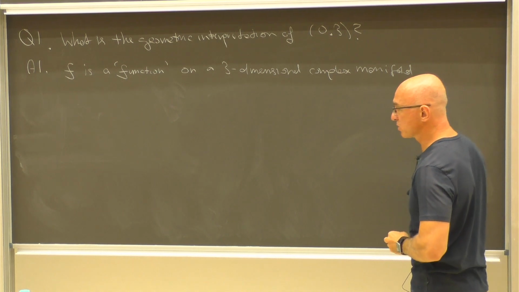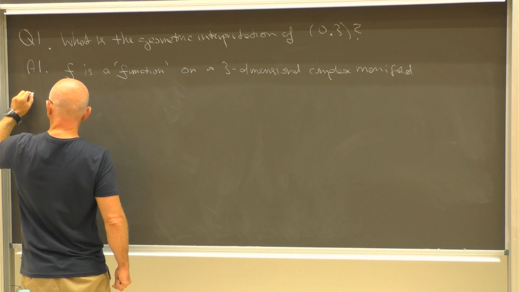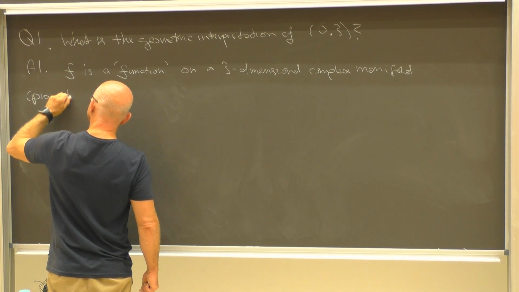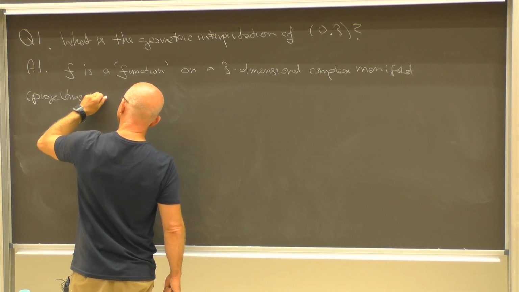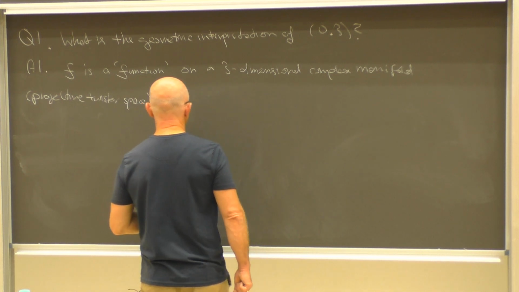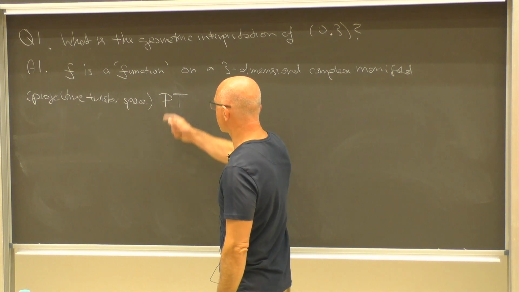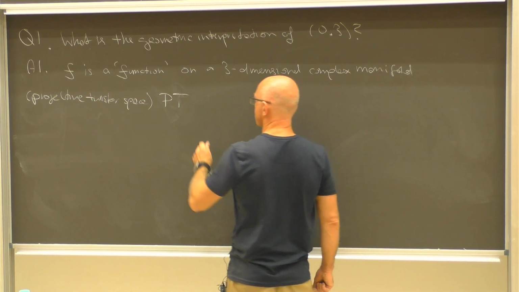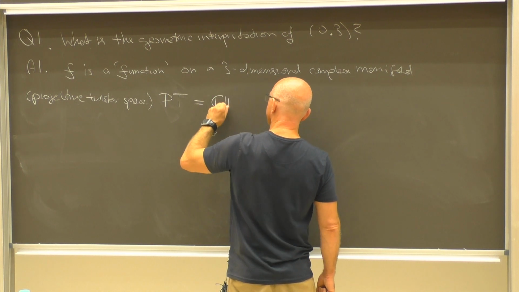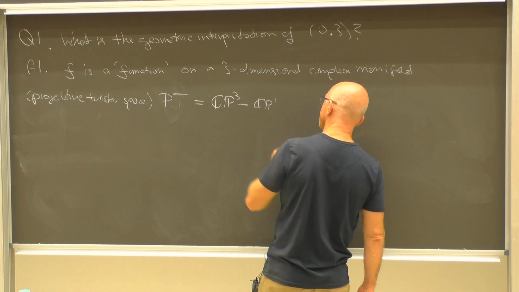This manifold is called the projective Twistor space, and it's denoted PT to distinguish it from a non-projective Twistor space. And this projective Twistor space, as you'll see later in the course, is a complex projective three-space with a complex projective line removed.